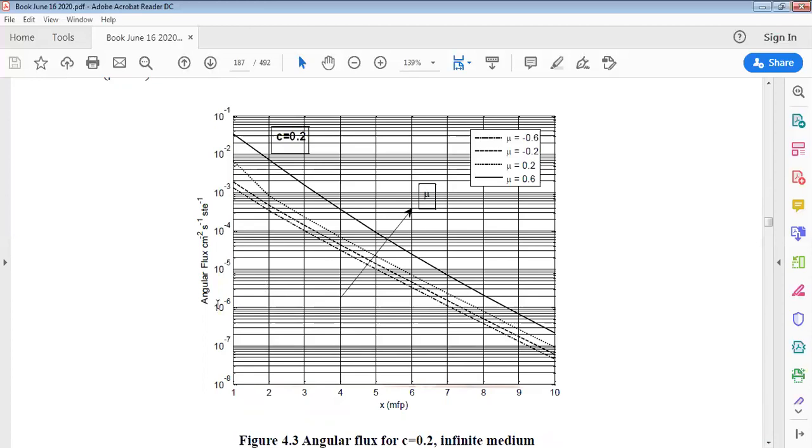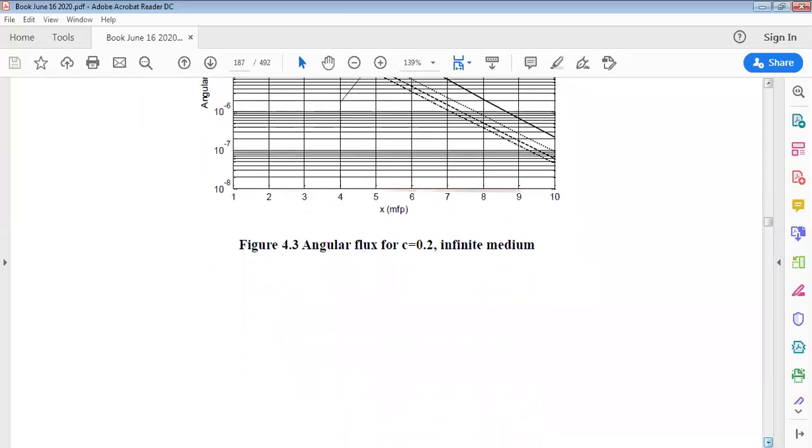Now, the way of plotting this would probably have been a 3D picture. But what I've done in the MATLAB programs is plot this for fixed values of mu. You can see that backward scattering is less for this particular case where it's a predominant absorber. It's mainly an absorber in an infinite medium.